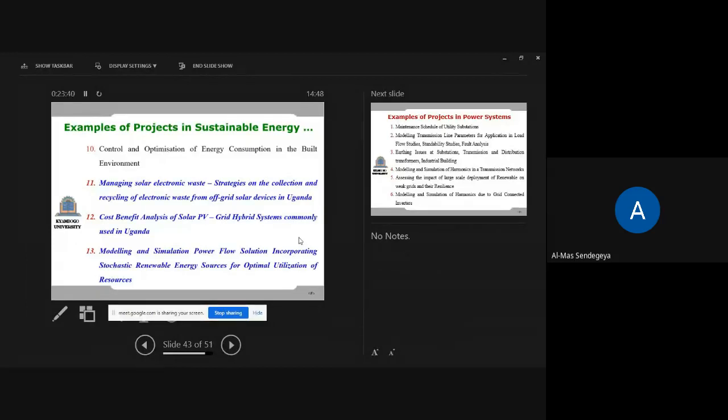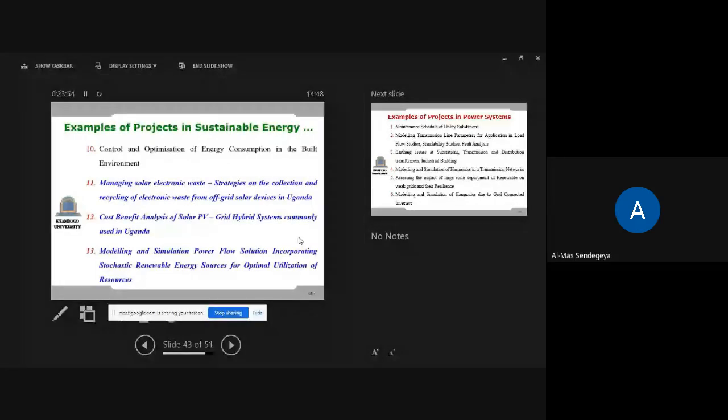That's why I thought about number 11. There is cost-benefit analysis. I've been doing a hybrid system, but no one has done a cost-benefit analysis. How can you look at the mixture of the different resources from an economic point of view?